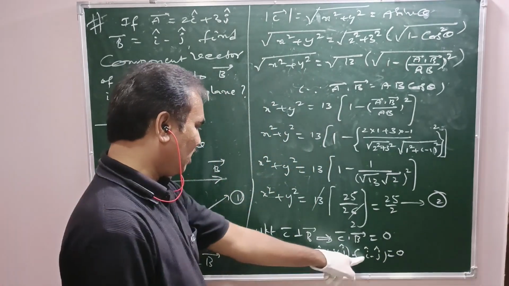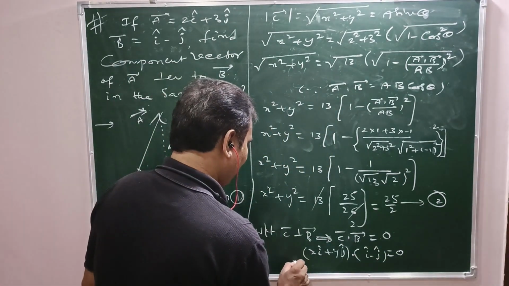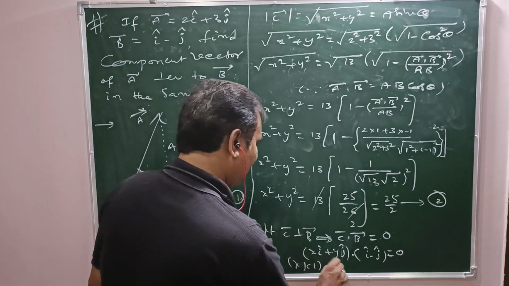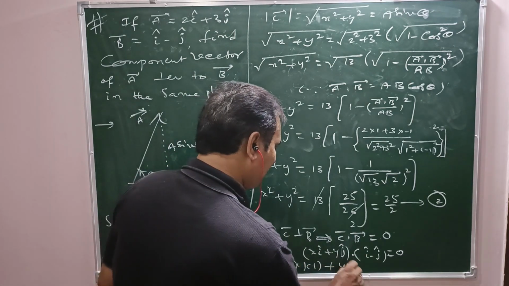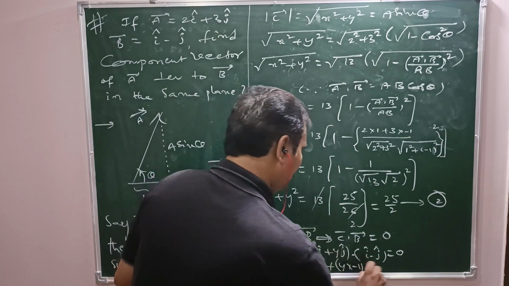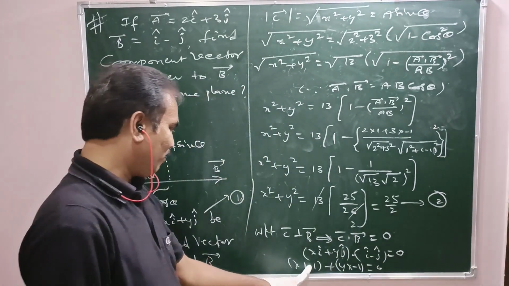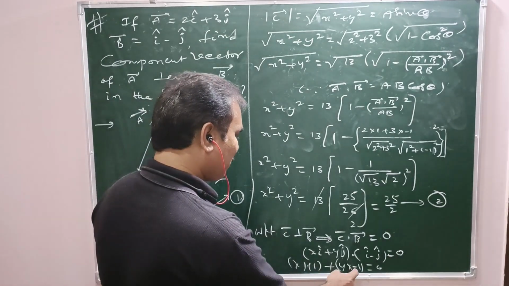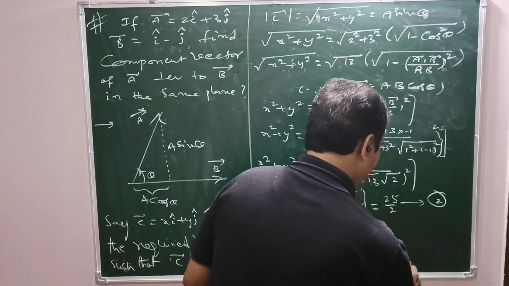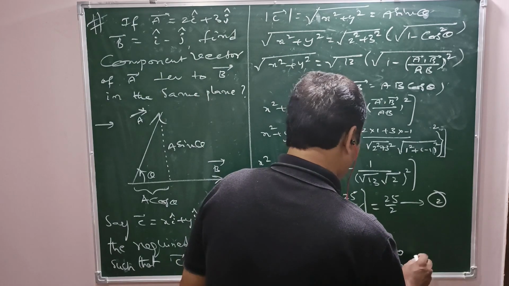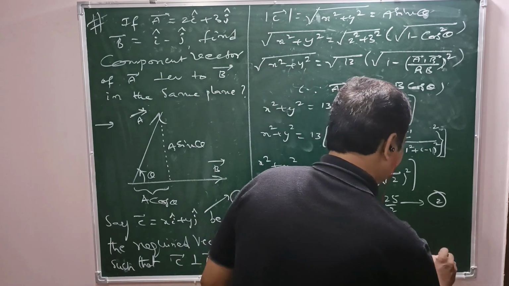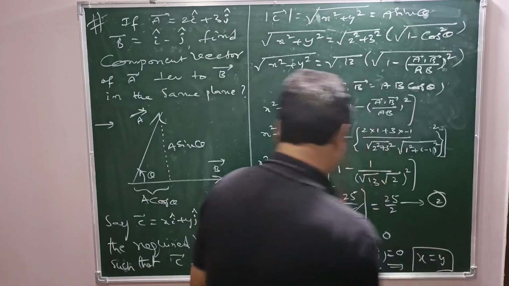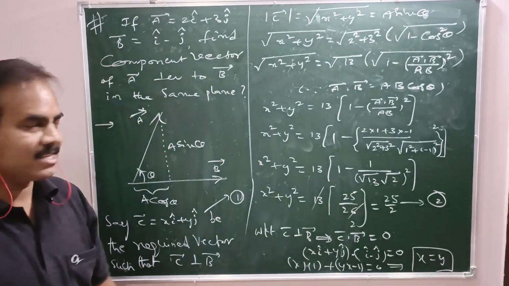That is x into 1 plus y into minus 1 equals 0. So x minus y equals 0, which implies x equals y.